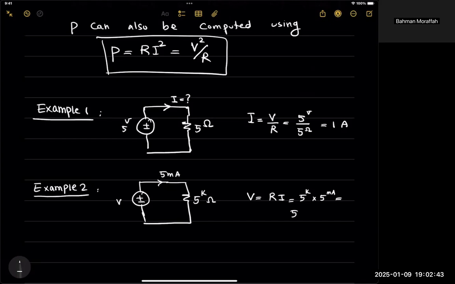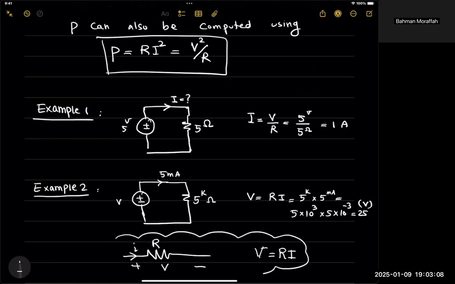So it is 5 times 10 to the power 3 times 5 times 10 to the minus 3. So it's 25 volts. Again, remember, if we have R, if this is I, if this is V, the relationship here is V equals R I. Right?